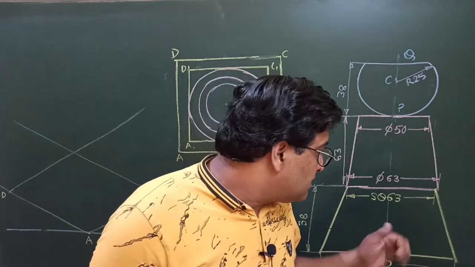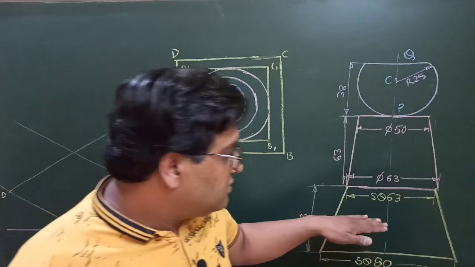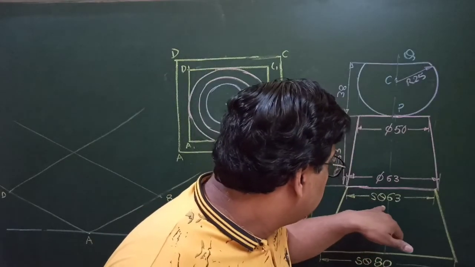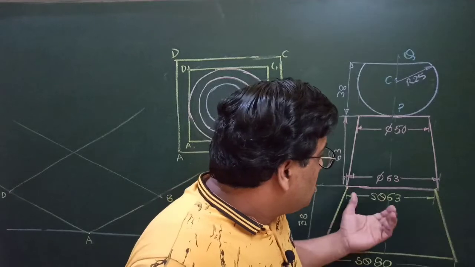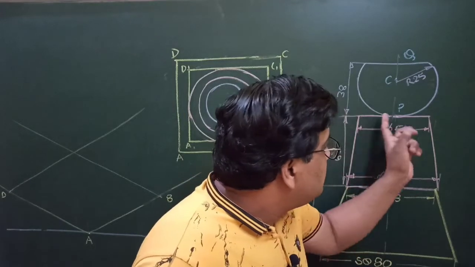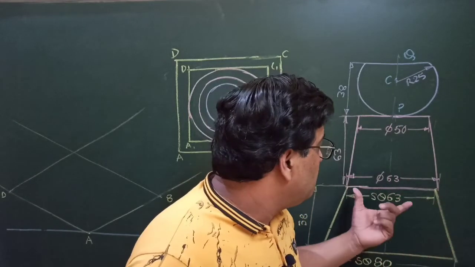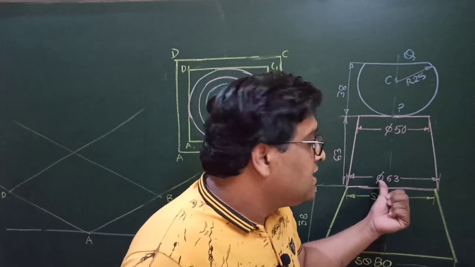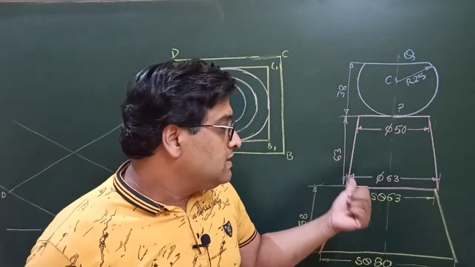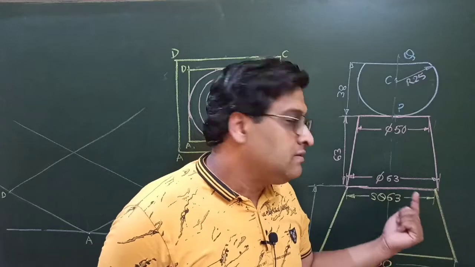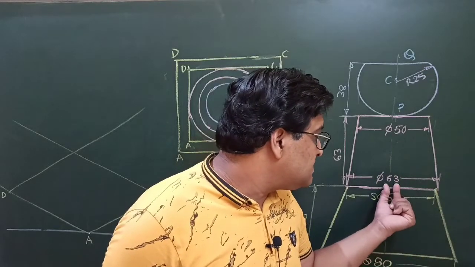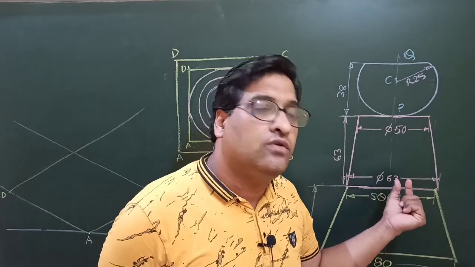Here, the top face of the frustum of this pyramid is 63 mm square. On this top face there is a frustum of a cone where the lower base has diameter, phi means diameter. Whenever phi is written, it means it is a circular surface, meaning cylindrical or conical parts.